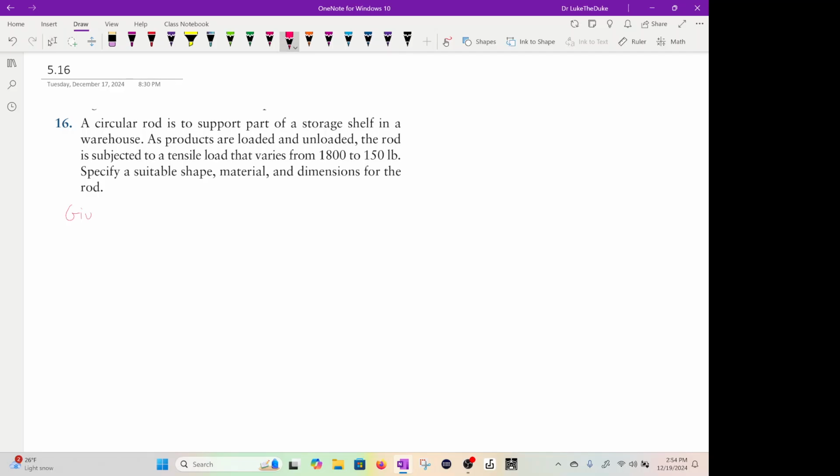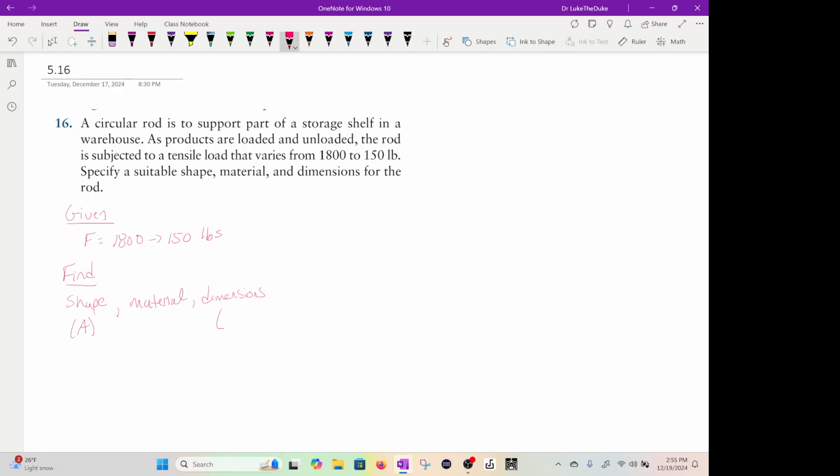All right, given F equals 1,800 to 150 pounds, we're going to find the shape, so area, material, and then dimensions.